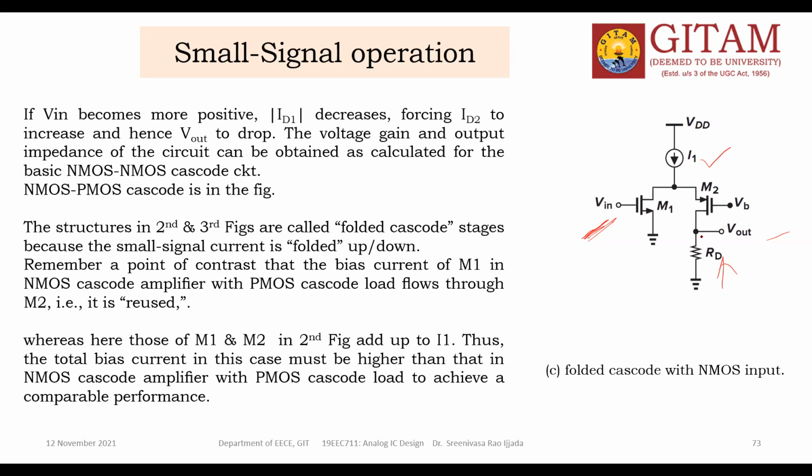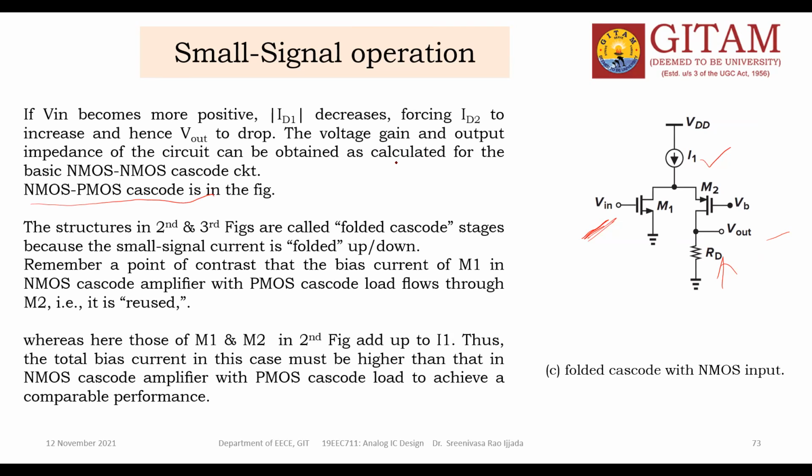NMOS, PMOS cascode in the picture. The output voltage, the voltage gain and the output impedance of the circuit can be obtained as calculated from the basic NMOS cascode. The basic circuit means both cascode devices are NMOS.